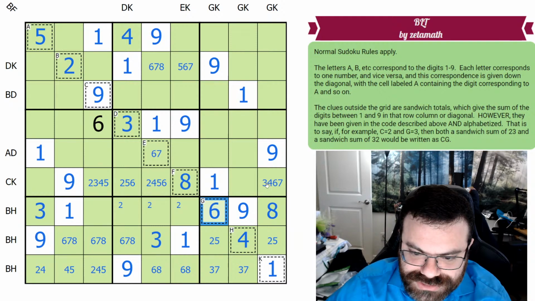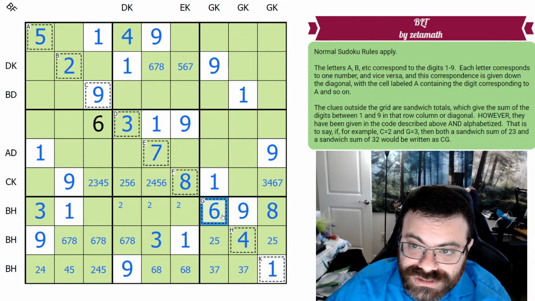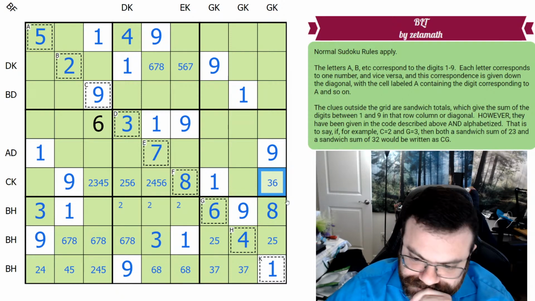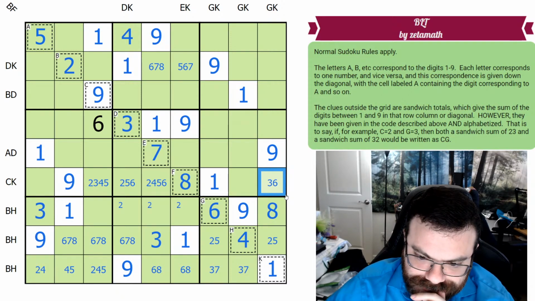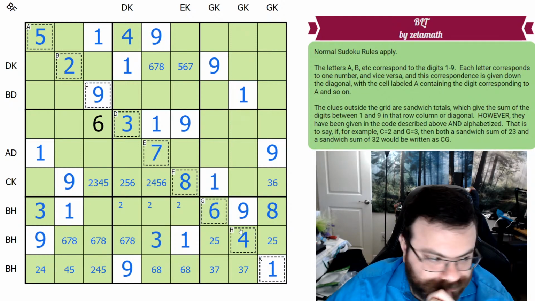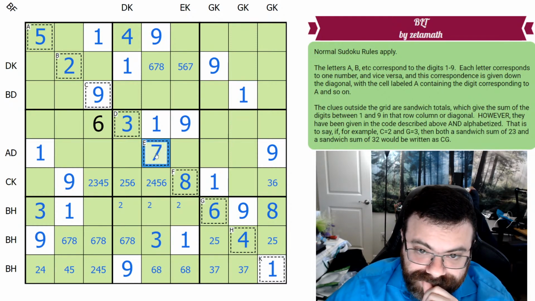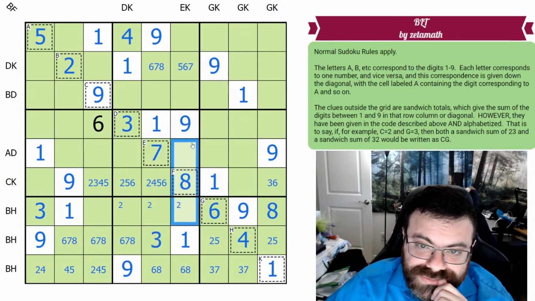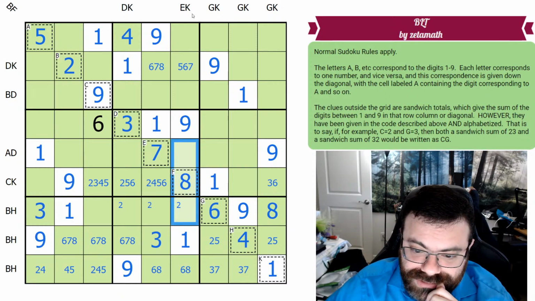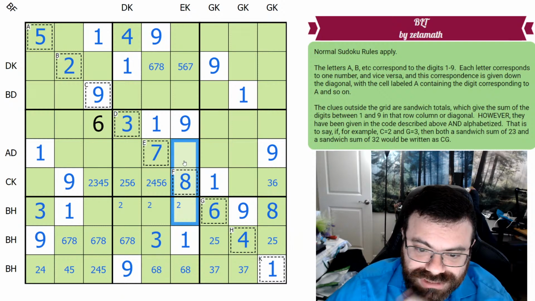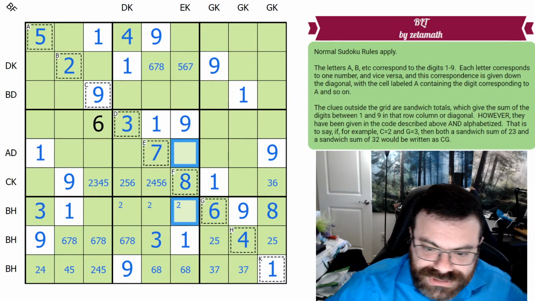G is now 6. E is 7. So now we know this is 16, so these can't be 4 or 7. So this is now EK. Yeah, 17. So these add to 9.